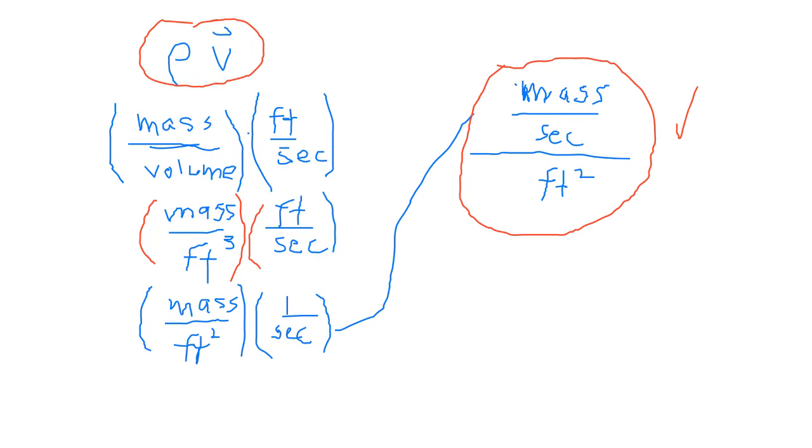So this really is a rate at which, for instance, fluid is flowing in or flowing out from the surface divided by the area of the surface.